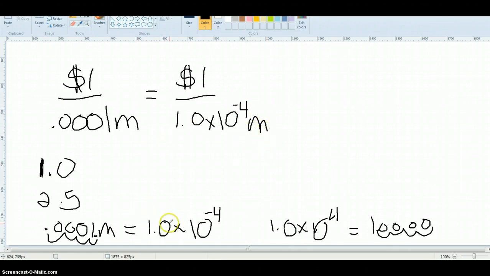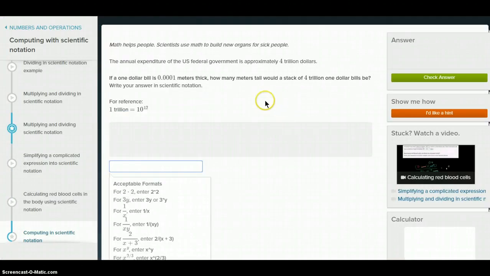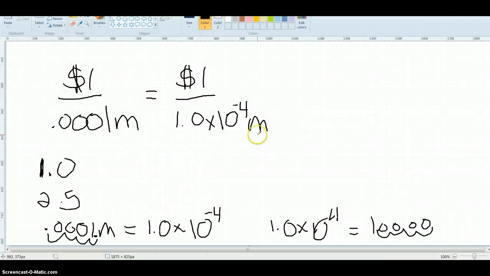Okay, and then the second part of the problem says that we are given a stack of 4 trillion $1 bills, and a trillion is 10 to the 12th. We're asked to see how many meters that would be.